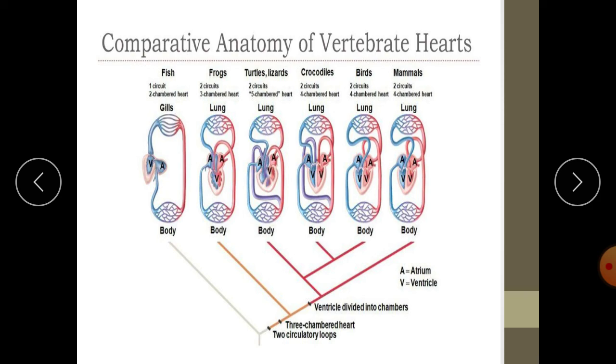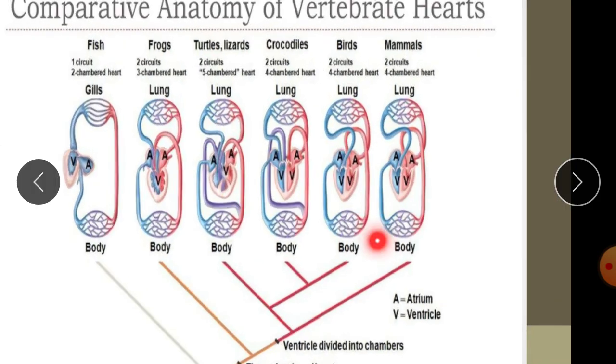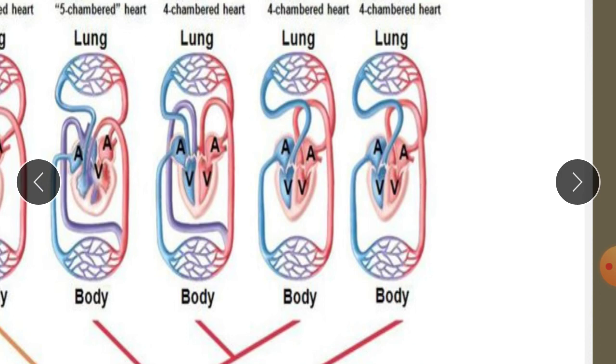Here also in mammals, same. Body, right auricle, from the right auricle to the ventricle to the lung. From the lung, purified blood goes to the left auricle.